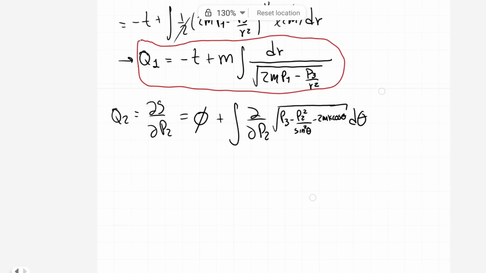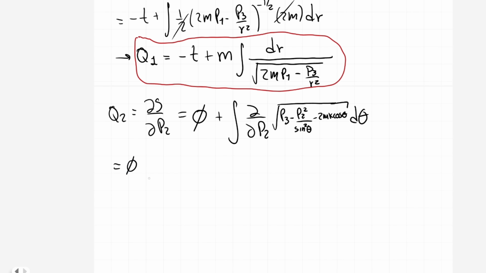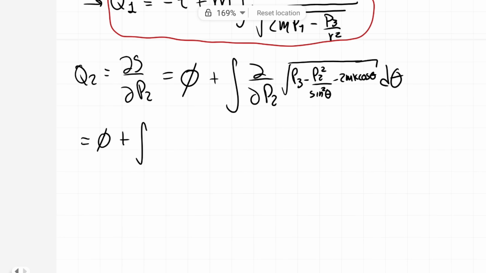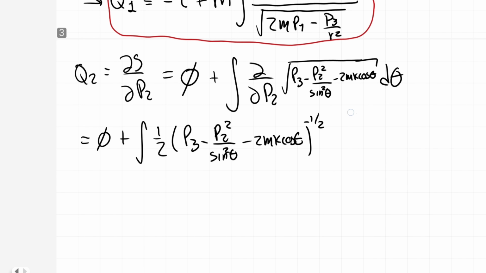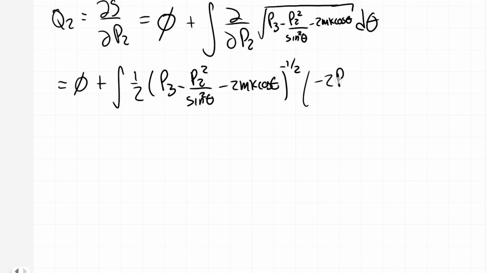Okay, so we will get phi plus the integral of 1/2 (P3 minus P2 squared over sine squared theta minus 2mk cosine theta) to the negative 1/2 times minus 2p2 divided by sine squared theta d theta.